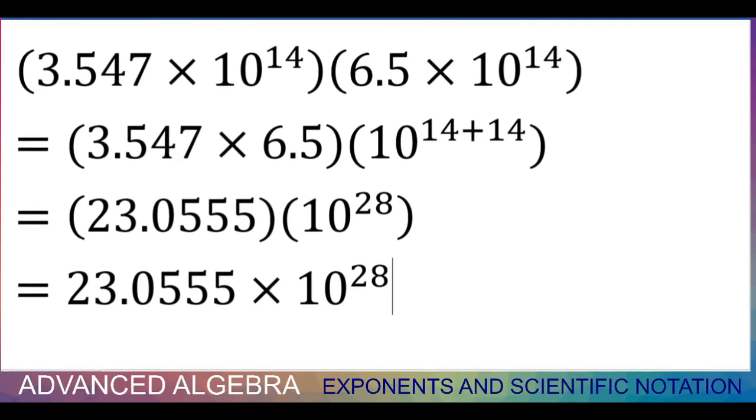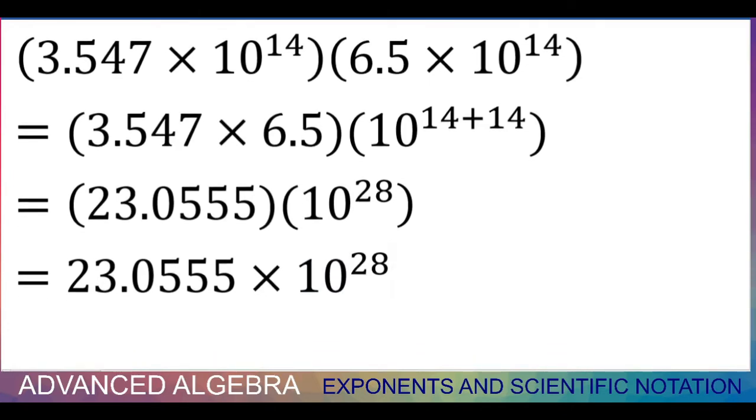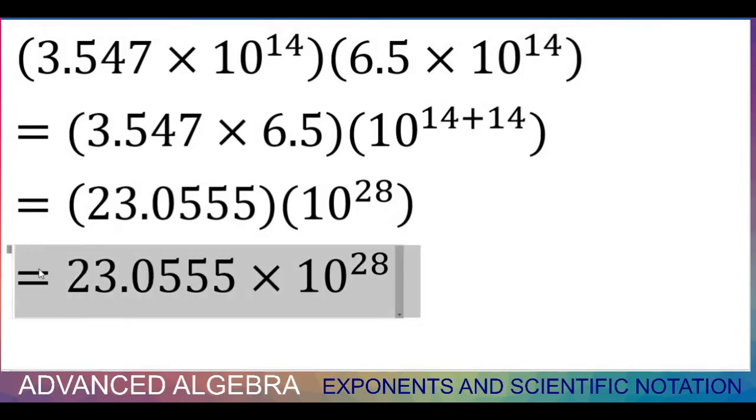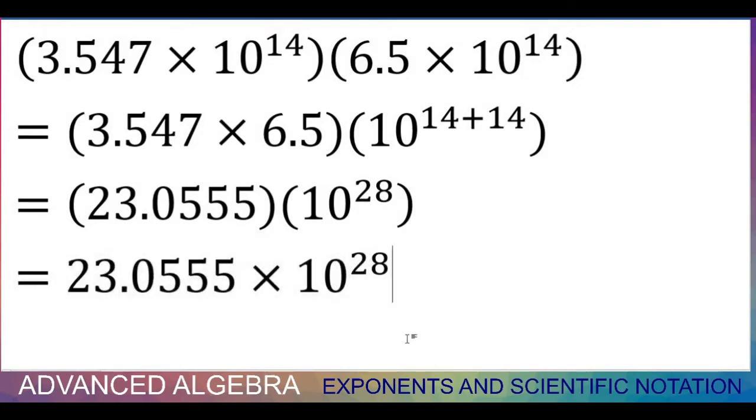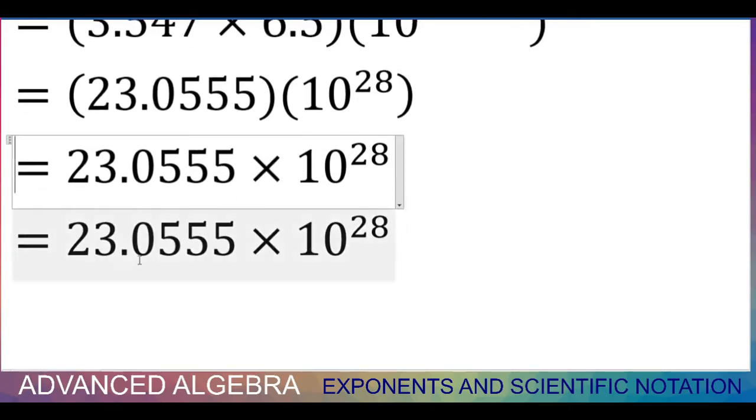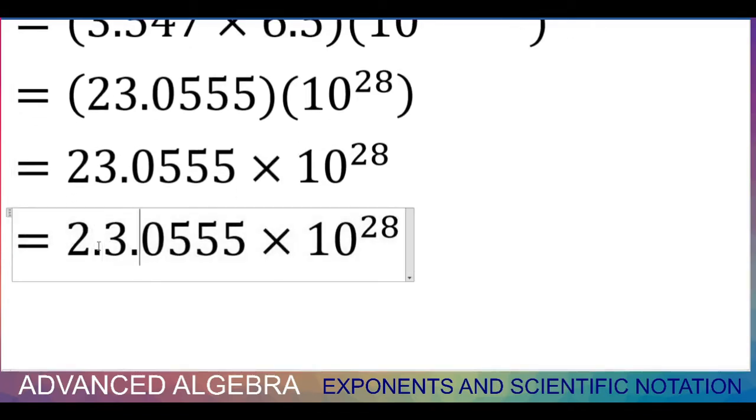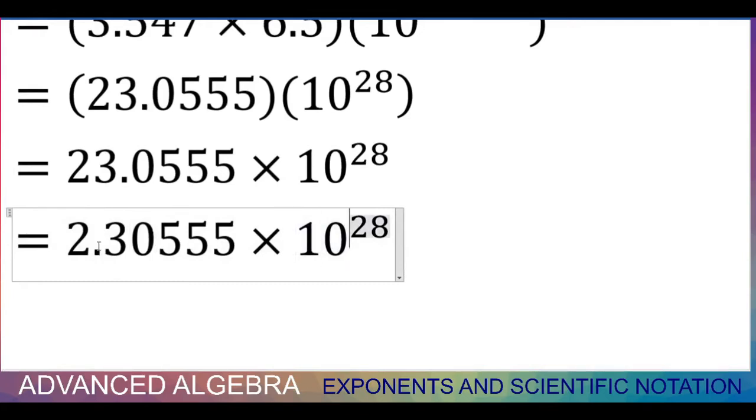May napapansin ako. 23.0555, dapat na magiging 2.3 siya, di ba? Gagawin natin, i-move pa natin yung decimal place niya isa pa. Magiging 2.30555, tapos magpa-plus tayo ng isa pang 1.